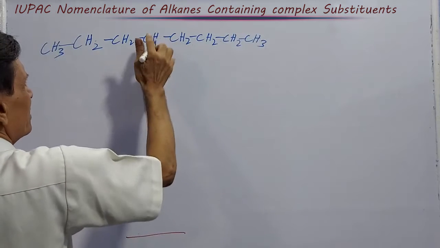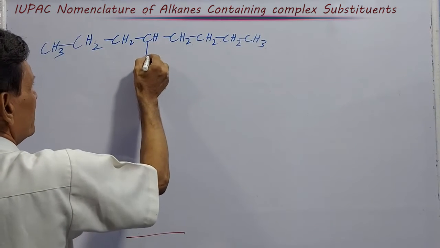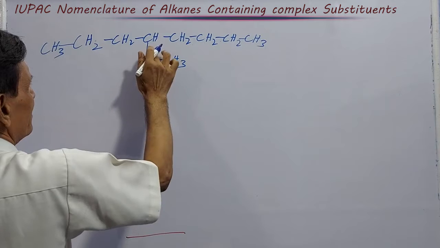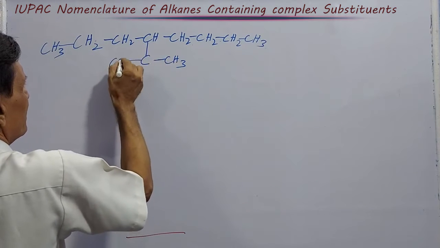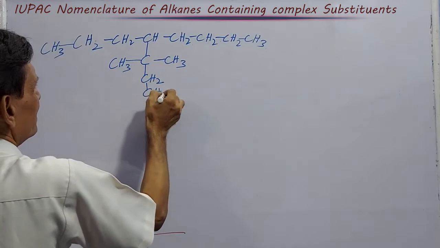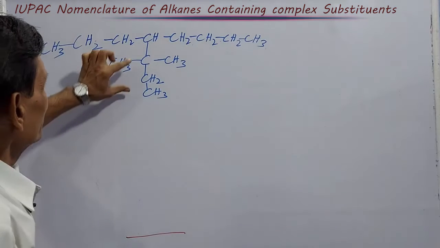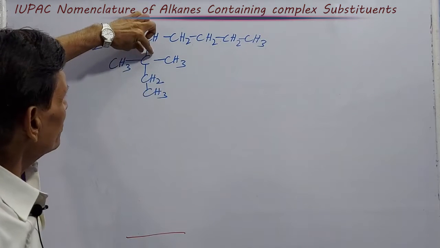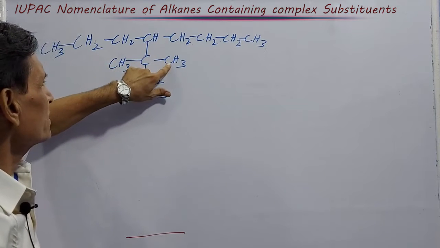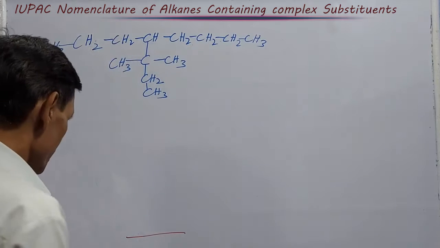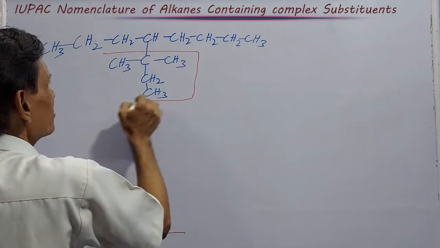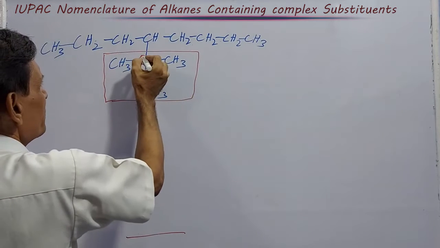Now I am taking one complex substituent, or a side chain, here: CH, CH3, CH, CH2, CH3. Such a side chain is called a complex chain. Here the first carbon is further substituted. This is why it is a complex substituent and it is numbered separately.